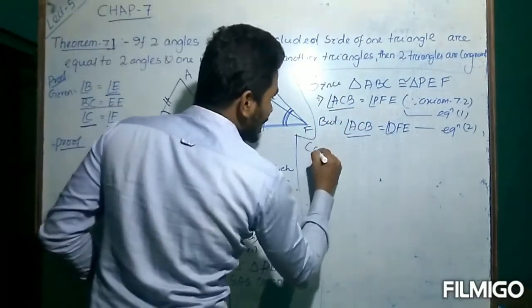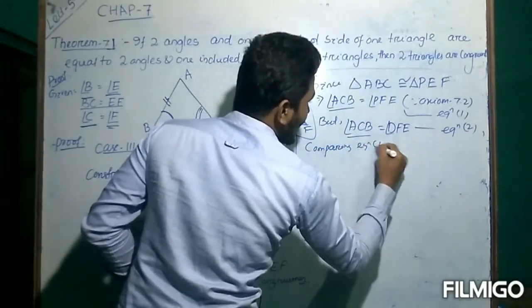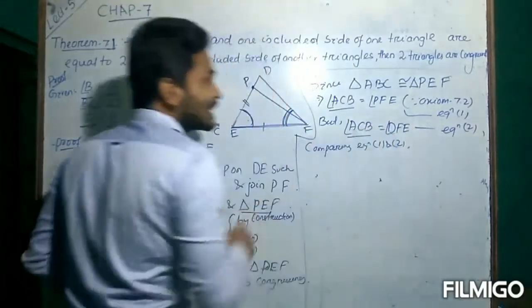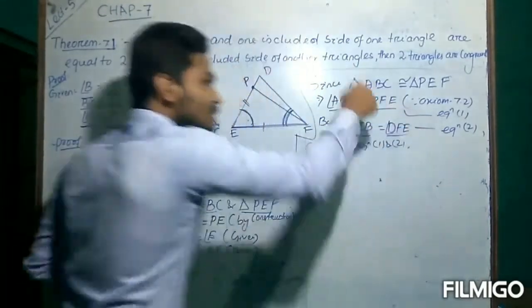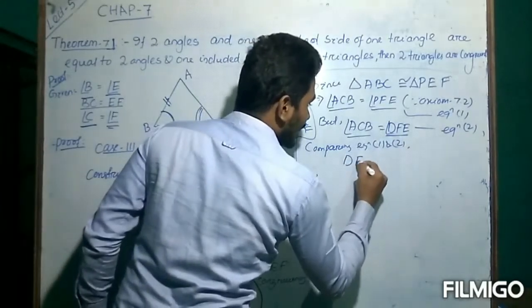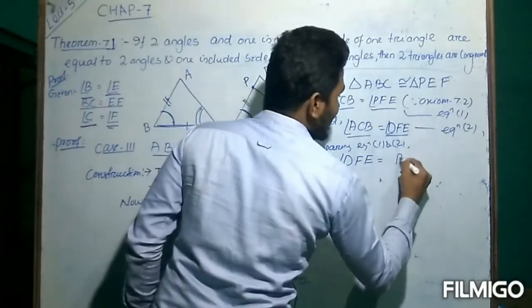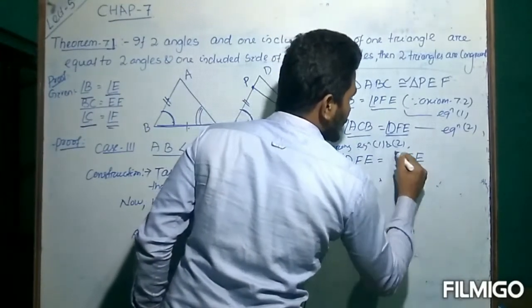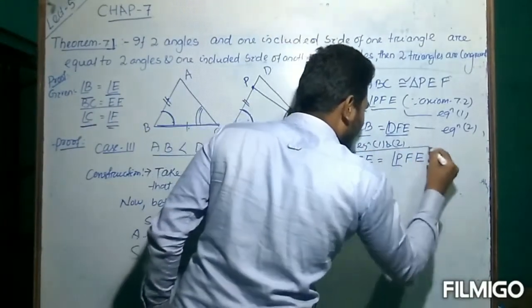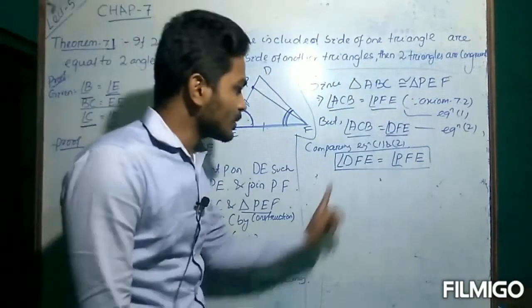So we can write, comparing equation 1 and 2, that their right hand sides must be equal. So we can write this angle is equal to this angle. This is our final result that we get by comparing these two equations. So what we get?